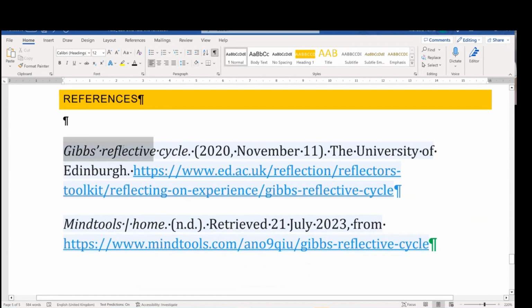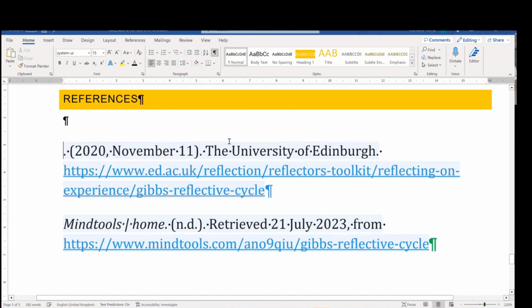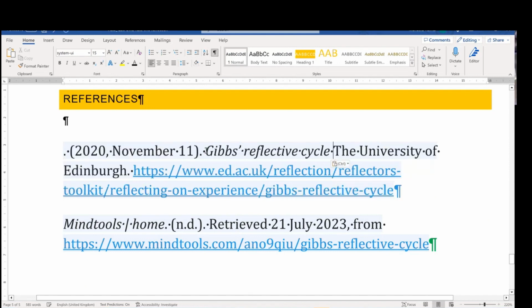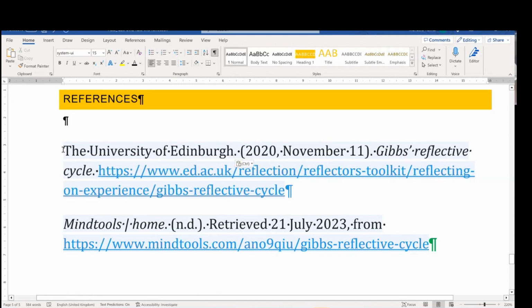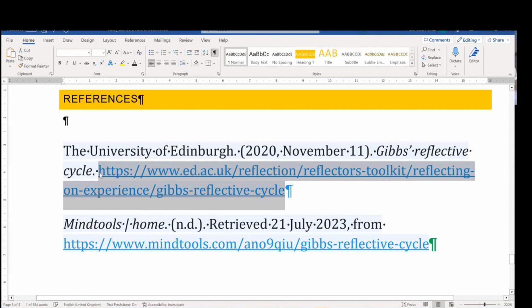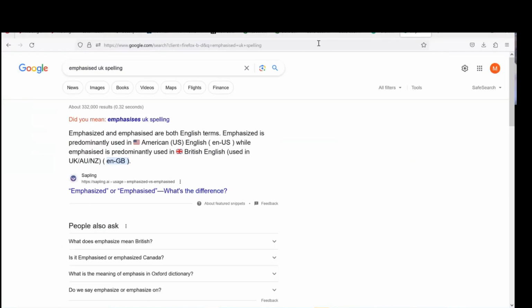Again, be careful, Gibbs reflective cycle is not an author. So that one goes here and that one should go here. If you do not know how to properly reference, let's try that as well. So let's take that website, MyBib.